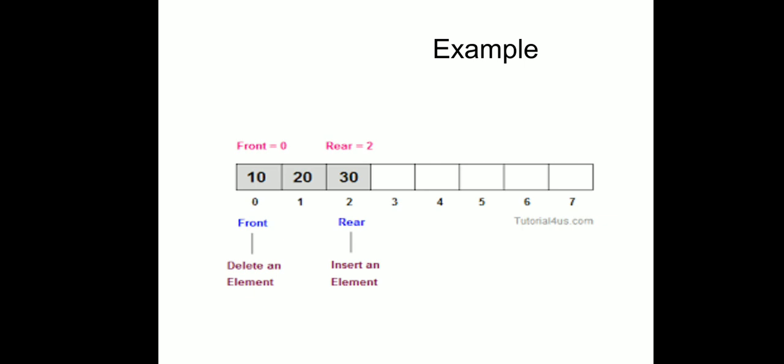When new elements come into the queue, let's say 10, it goes to index number 0, then 20 to index number 1, 30 to index number 2. So the rear increases by 1. If a new element comes, it will go to the third index location. And if I want to remove an element from the queue, elements get removed from the front side.